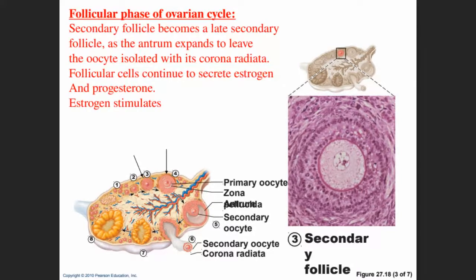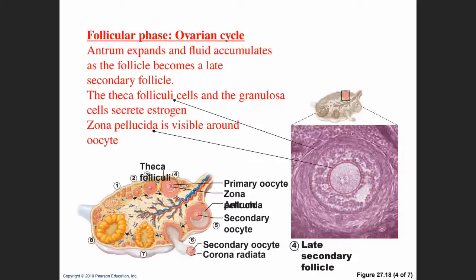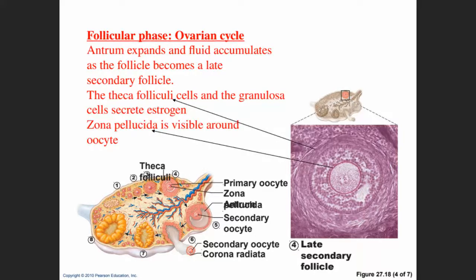Estrogen also stimulates follicular maturation. The antrum expands as the secondary follicle matures, and now we have a visible zona pellucida around the oocyte. You can see it right there.